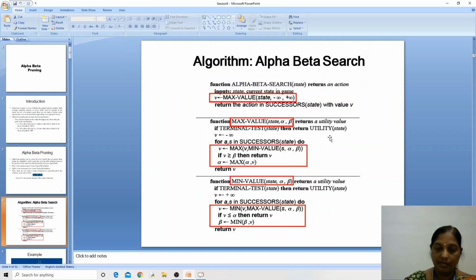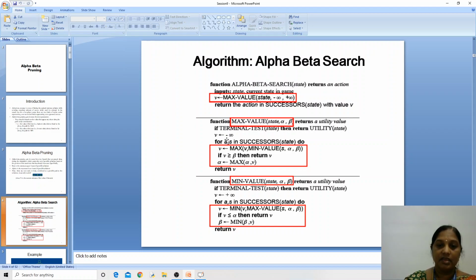If you win the game, the utility value is 1; if you lose, it is minus 1; if a tie occurs, it is 0. If the terminal test succeeds, that means you have reached the goal, so the utility value is 1 if you win, minus 1 if you lose, and 0 for a draw.